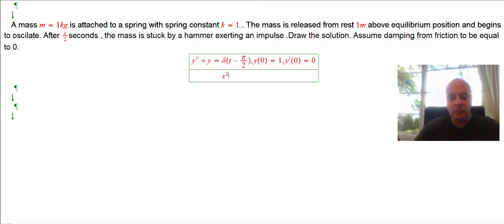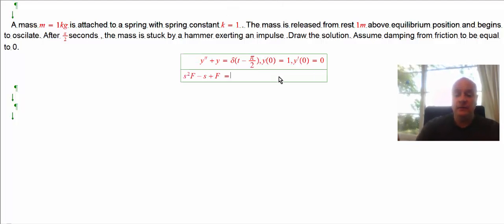It's going to be s squared f minus s y naught minus y prime naught plus the Laplace of y is equal to our Laplace of a Dirac delta function, e to the minus pi over 2s. Solve for f.